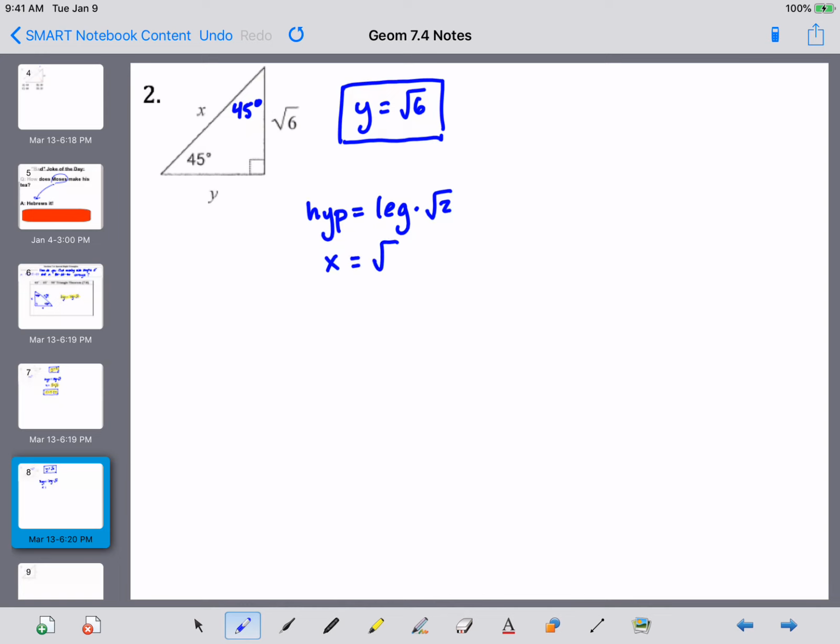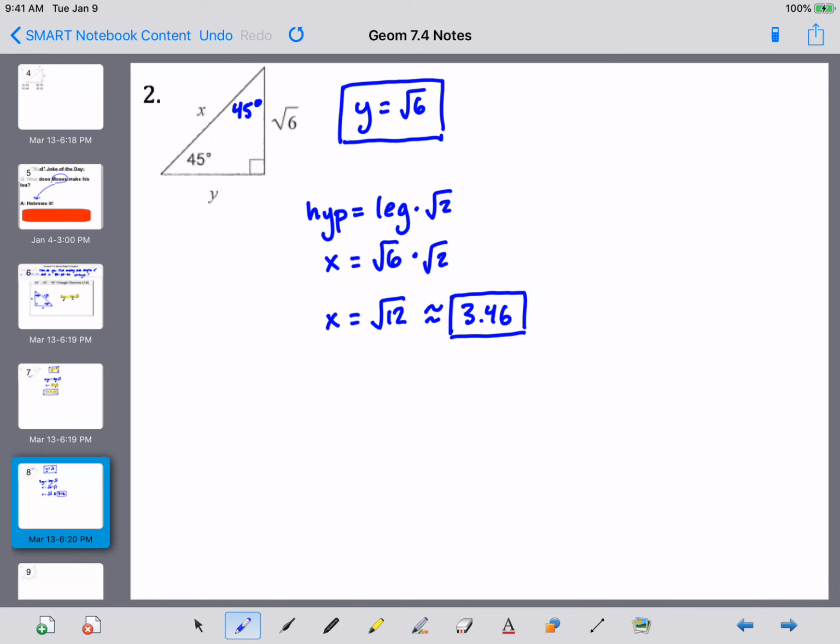The leg is the square root of 6 times the square root of 2. Since these are both square roots, we can just multiply them together, and 6 times 2 gives us x equals the square root of 12. If you plug that into a calculator, you'll get about 3.46.